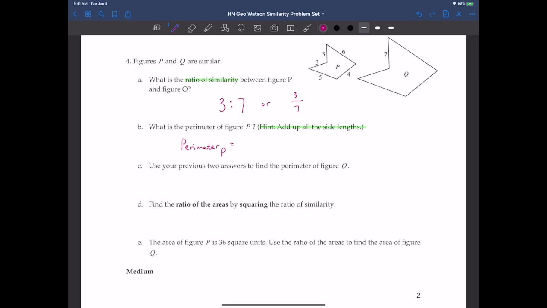So we know that the ratio of the side lengths of figure P to the side lengths of figure Q is 3 to 7.